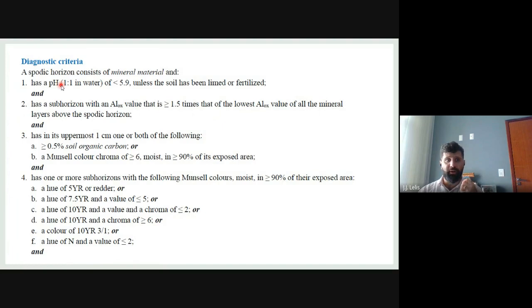The age of the spodic horizon should present low values because the spodic horizon is associated to acidic environments, environments where we have a lot of available water to migrate the organic matter from the surface to the subsurface, okay?